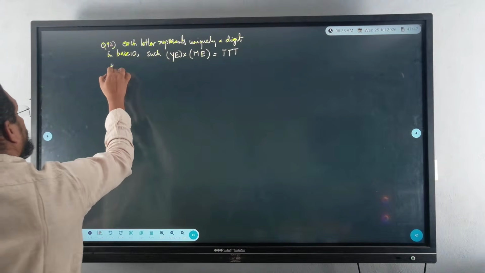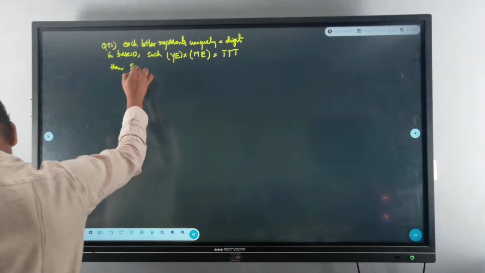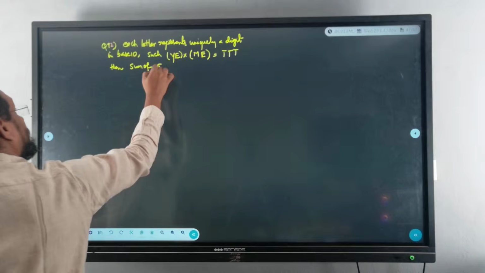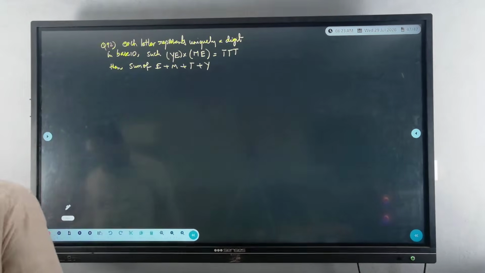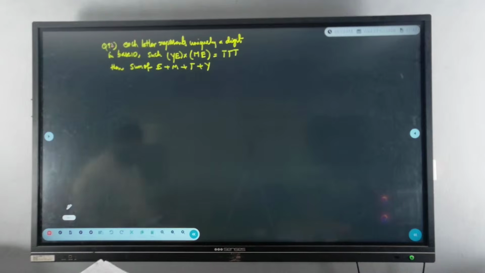Then find the sum of E plus M plus T plus Y.